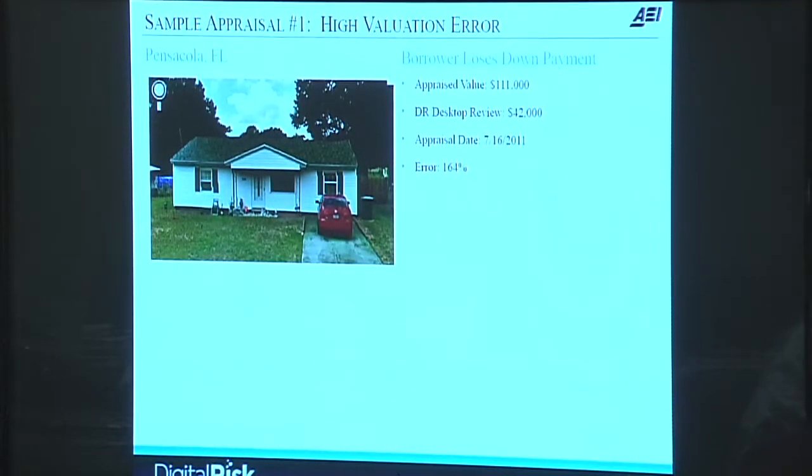So obviously, there's a big difference between our review and the appraised value. So this one obviously would qualify as some form of defect. Now, maybe if you wanted to buy this house and they threw in the car, maybe you could get $111,000 for it. But anyway, obviously, the lender doesn't necessarily see the picture when they scribble on the loan amount.